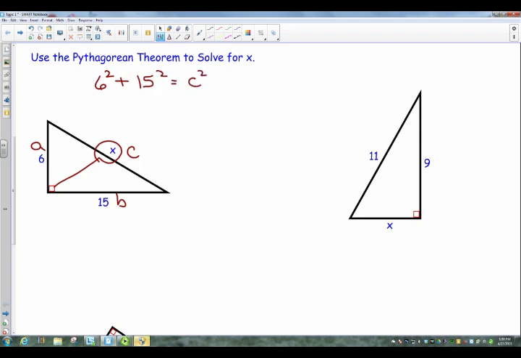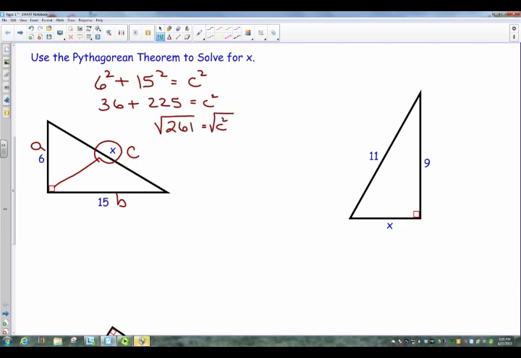And now you just start solving this out. So you've got a squared, or 6 squared, which is 36, b squared, or 15 squared, which is 225, equals c squared. Continue on simplifying, you end up with 36 plus 225 is 261 equals c squared. And to cancel out a square, we take the square root.